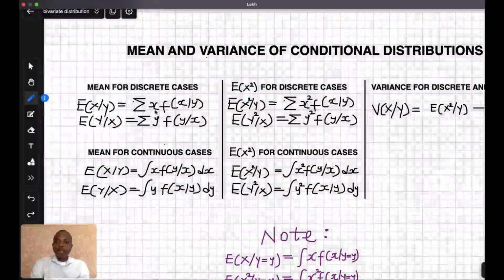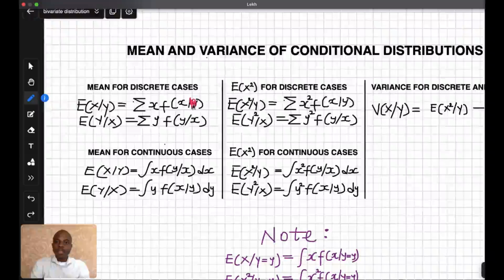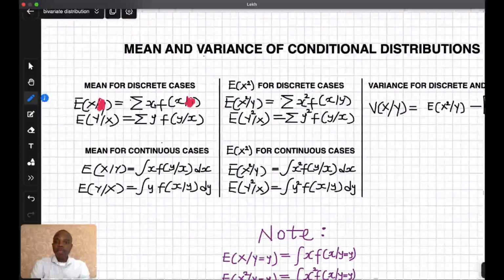So apart from the given y or given x that is showing, nothing is new actually. If, for instance, you cancel all of this, you just have the summation of x multiplied by f of x. That is, if you cancel this one, the expected value of x will be equal to the summation of x multiplied by f of x.